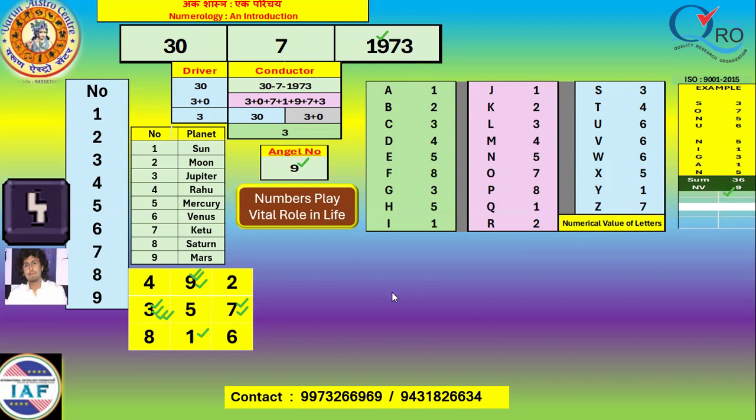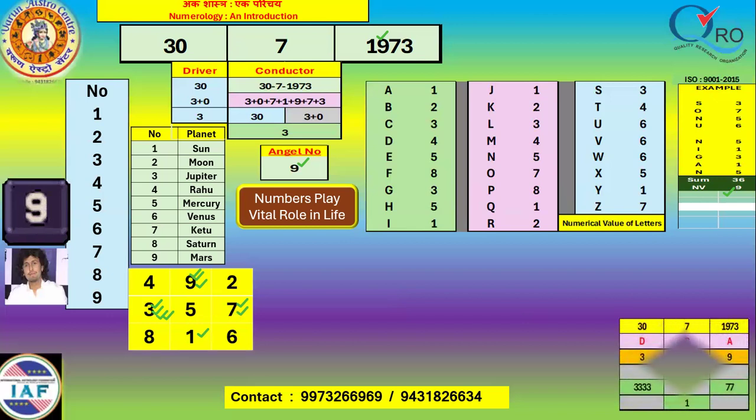Any number when it is repeated more than twice creates problem for the native. So let us analyze how it is working. The box will look like this: 999, 4 times 3, 1 time 1, 777.